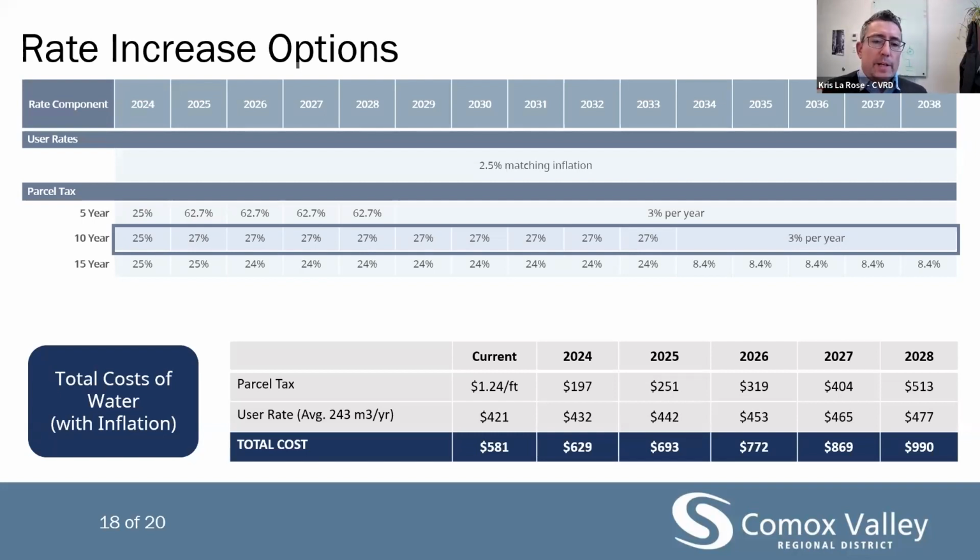With the increases, next year would be about $629 in total, $197 for parcel tax and $432 for user rates. An increase of about $38 in 2024, and then between $64 up to $121 per year of increases from the current rates through to the end of 2028. As noted, these rates will come into effect next year and are paid for through utility bills billed quarterly and your annual property tax billed annually.